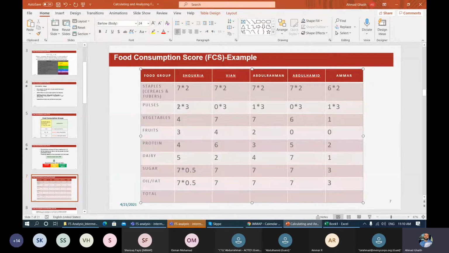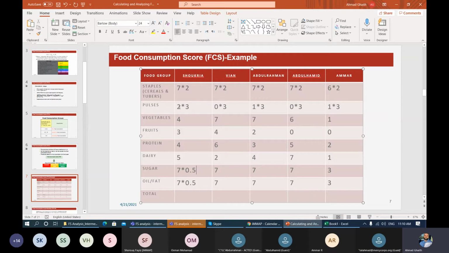So actually, if Shukriya did not eat any of these categories, and sorry, Shukriya, I'm picking on you, but you're the first column. If she didn't eat any of these, but she has 6 here, 14 here, and now 7 here, she has a score of 27.